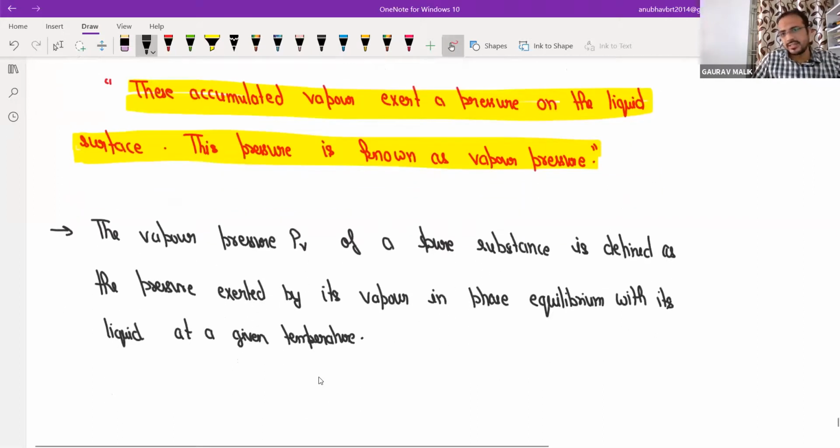It is the standard definition. And we know that vapor pressure is a property of a pure liquid or pure substance.